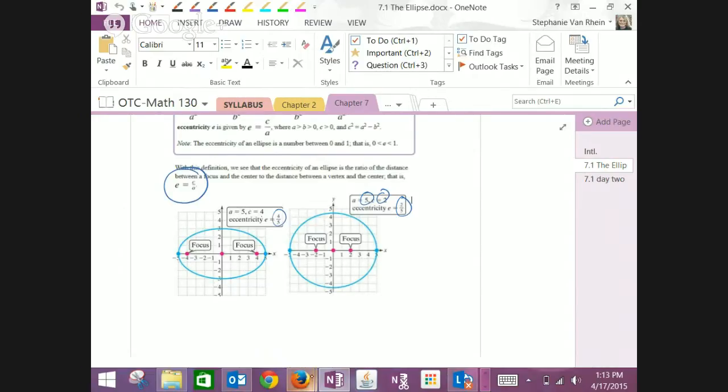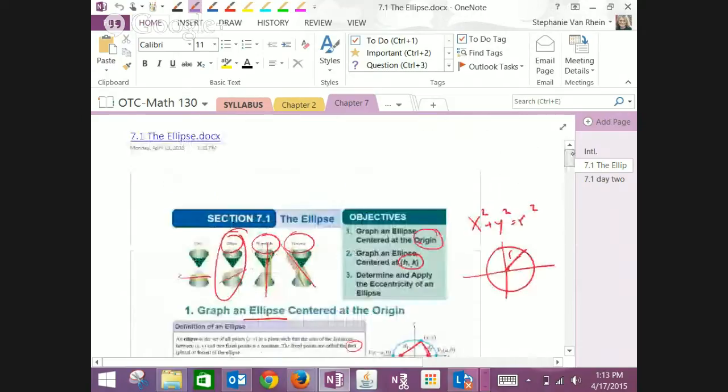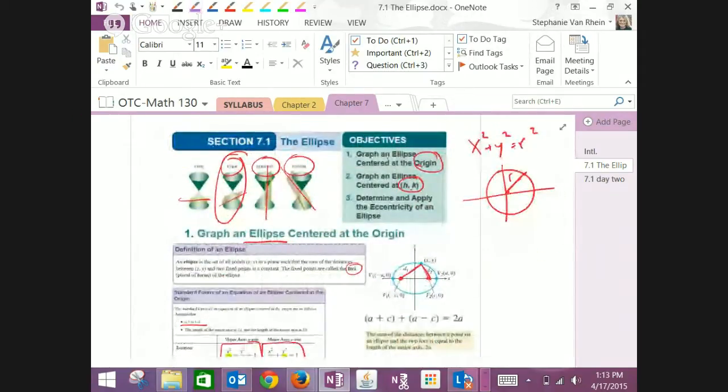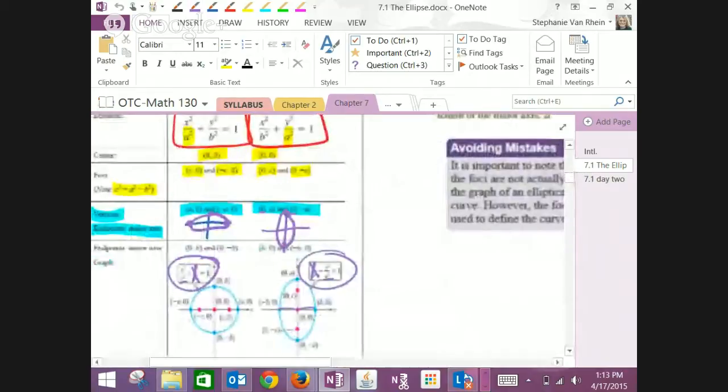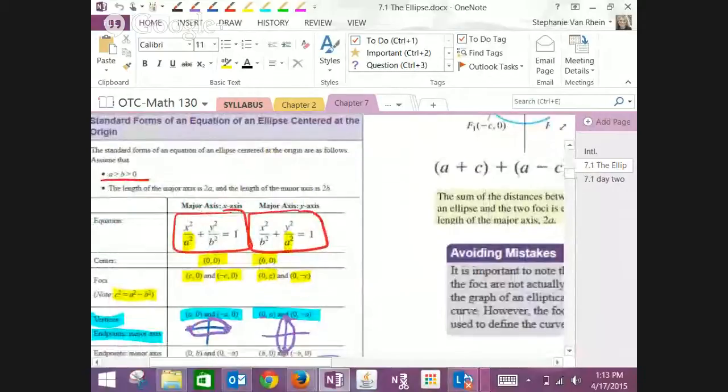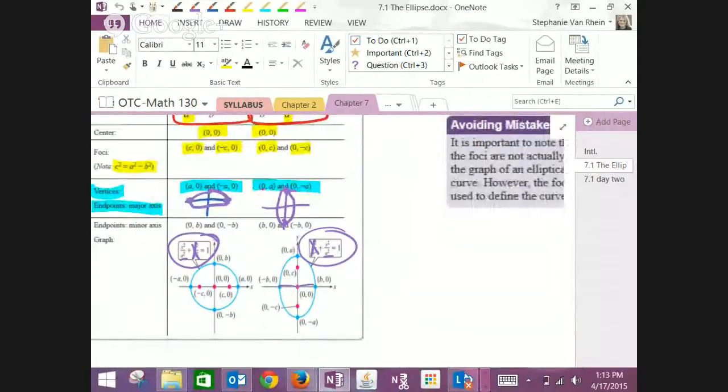So let's look at last time on 7.1, we were talking about the ellipse, and there's really only 2 interesting things about it, and that's the distance in the x direction and the distance in the y direction. The major axis can be in the x, or the major axis can be in the y.